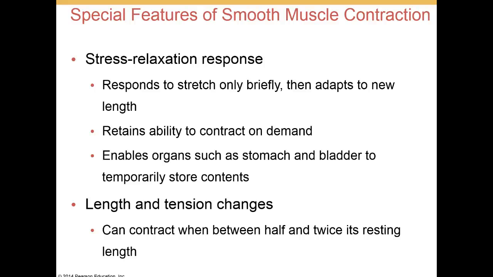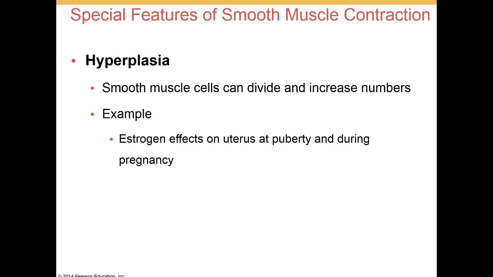And it has the ability to maintain contraction over a really wide range. So there's a much larger length-tension relationship than we saw in skeletal muscle. You can change the length of smooth muscle and still have really effective tension produced.